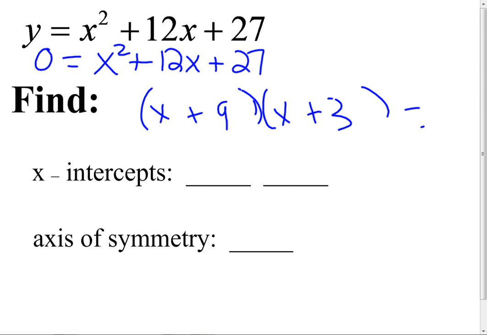It's not going to be right if you don't put equals 0 in there, because it's not how you do it.